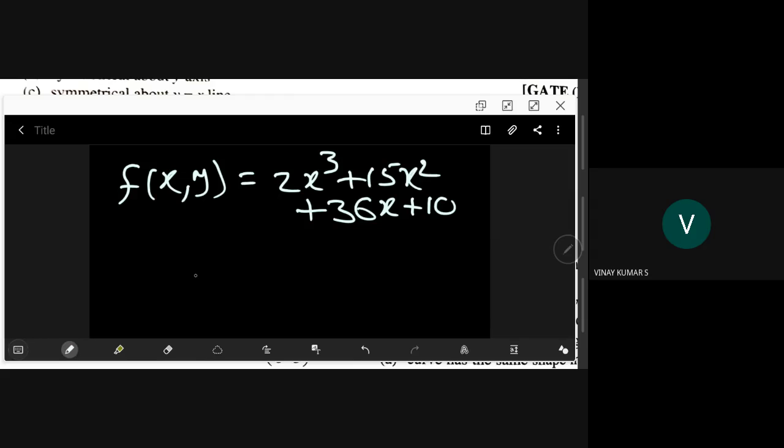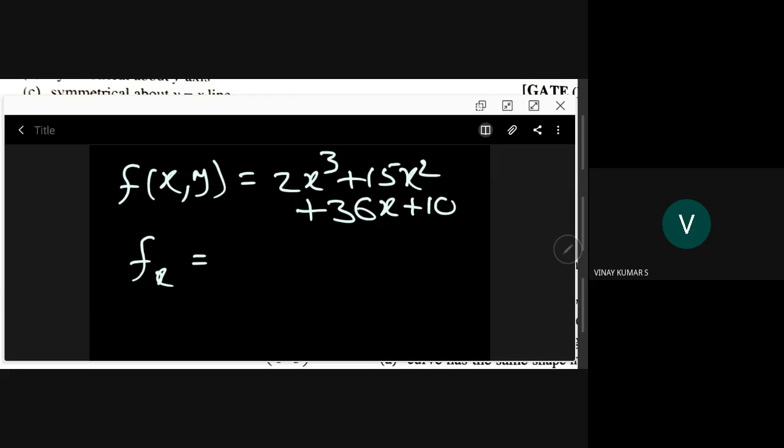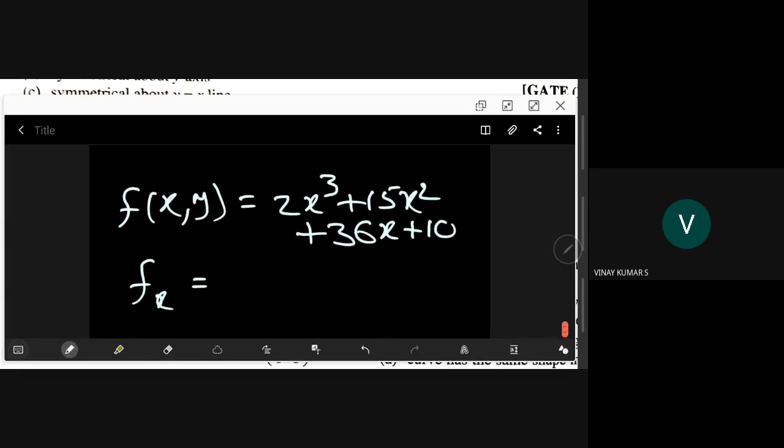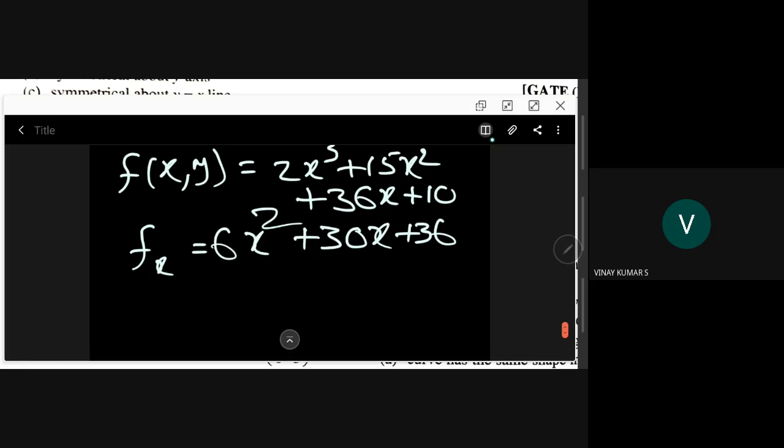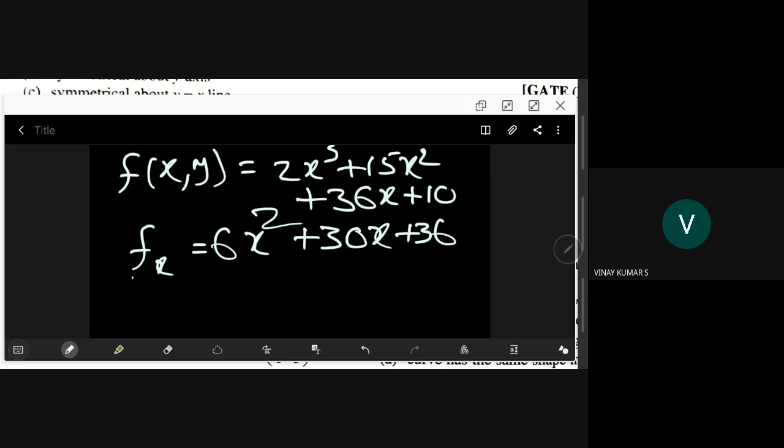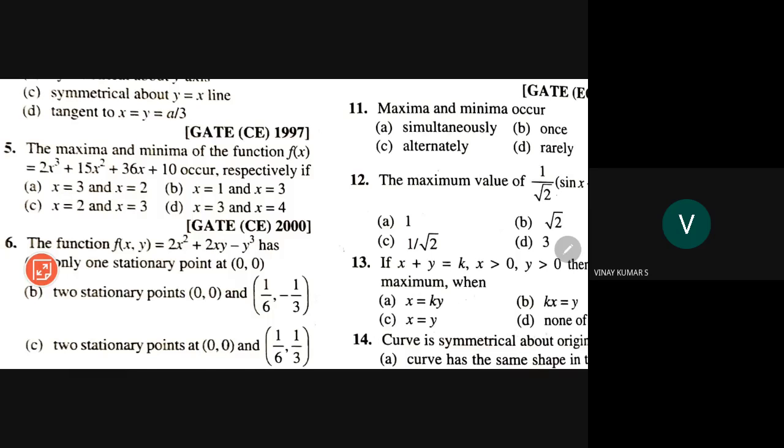Then we have fx, which is 6x square plus 30x plus 36. What is fy? Fy is 0. Did I write the question correctly? Right. Fy is 0. Very good.